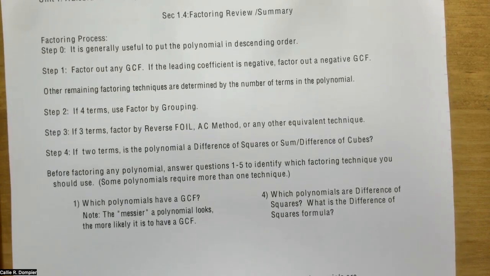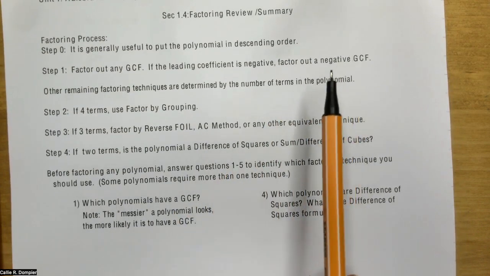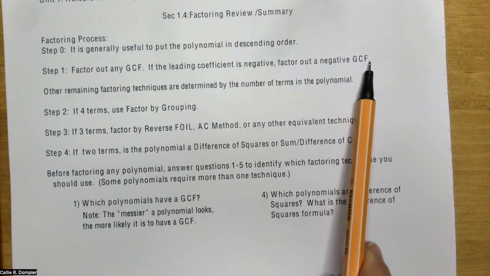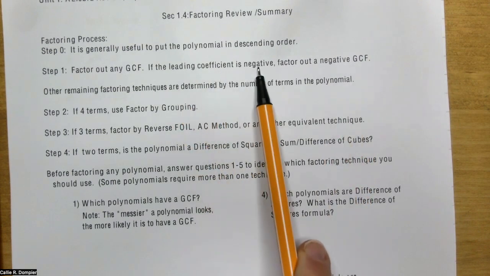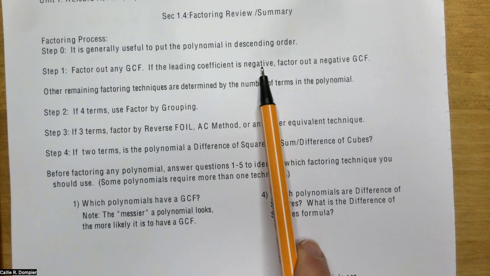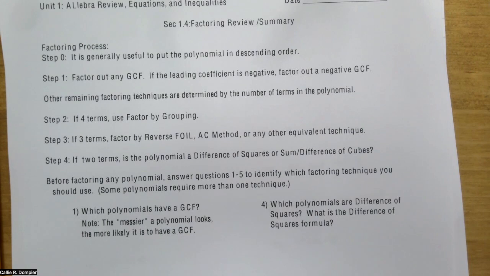So after you've factored out a greatest common factor, also, if the leading term is negative, you want to factor out a negative greatest common factor because it's easier when the leading coefficient is positive. I don't think that's going to come up today, but that's just in general.